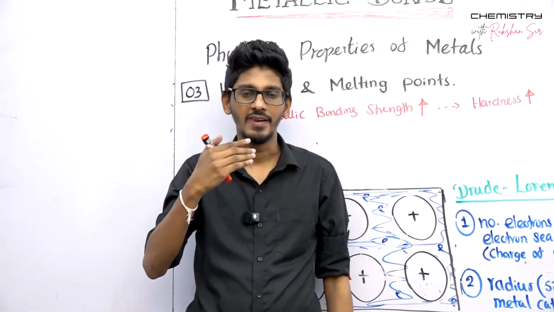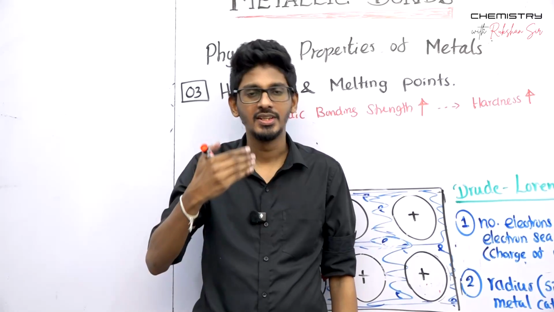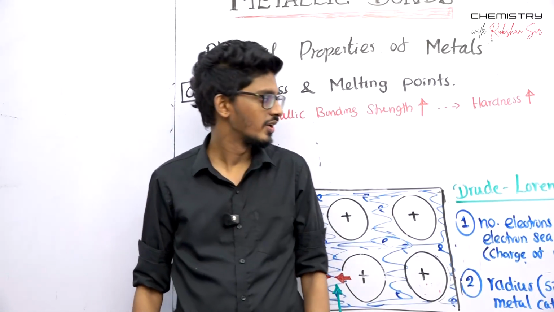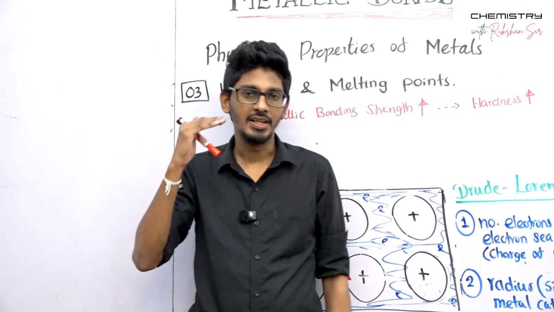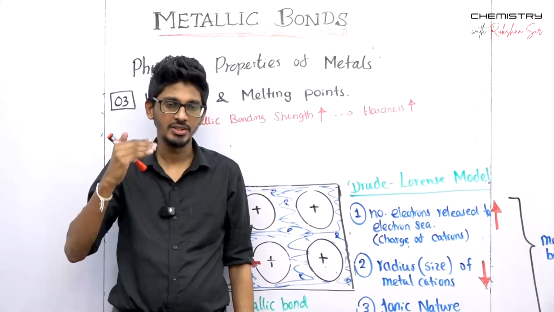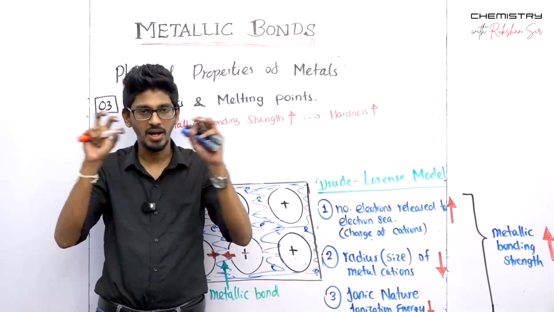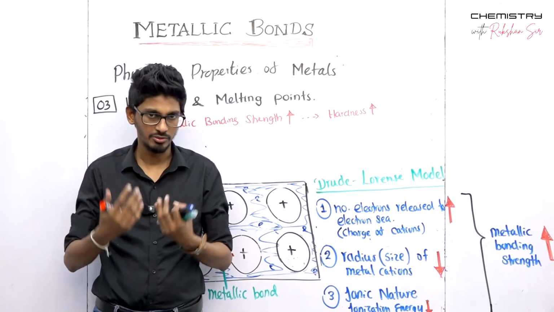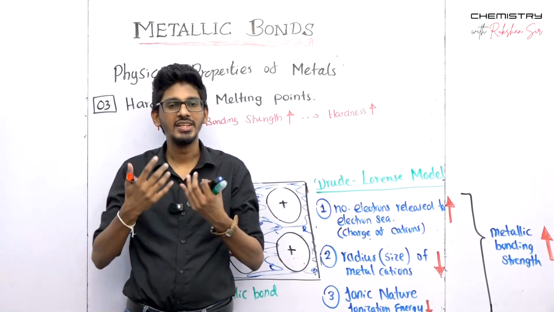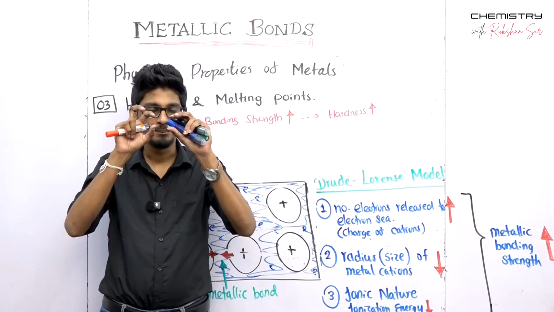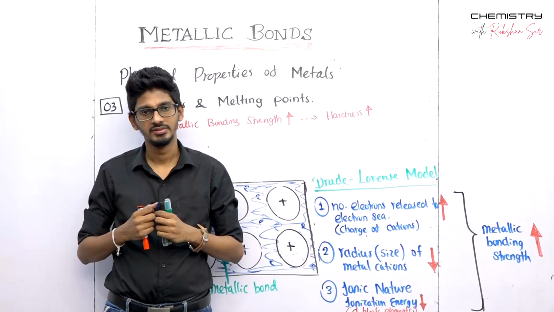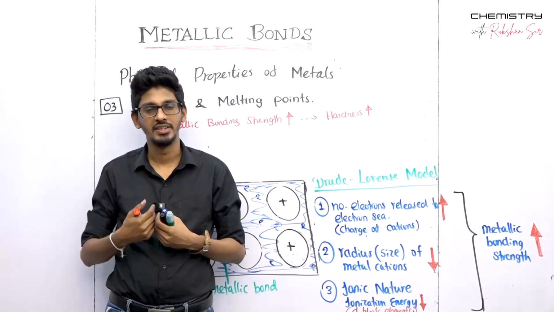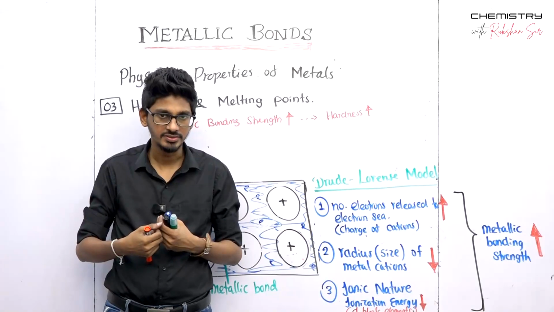The melting point means the temperature or the heat energy you need to supply to put the particles apart from each other. That is the simplest idea. That is what happens when a solid is converted into a liquid. That is what we meant by melting, right?